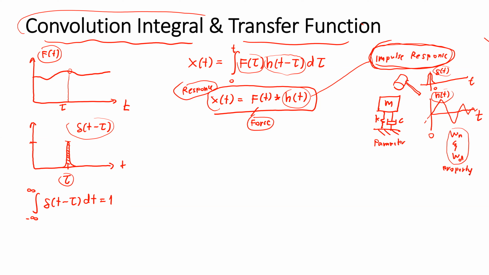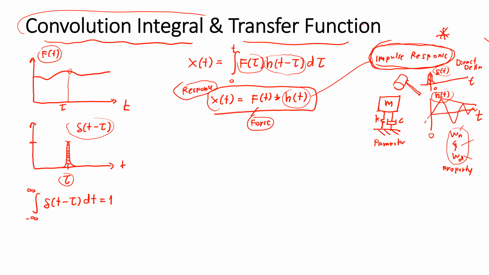So the impulse response is the thing that explains a system property. If we hit the system with a hammer, with a Dirac delta function or unit impulse, how the system gonna vibrate by just a Dirac delta input? The system gonna vibrate and show its property, show its omega n, damping ratio, and omega d in the vibration.